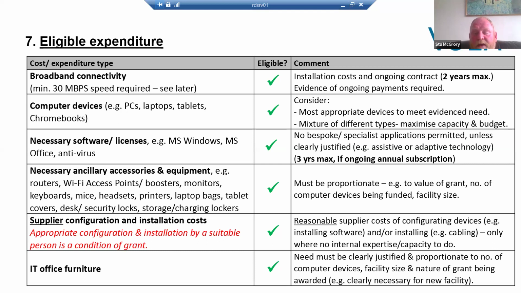And again, it needs to be justified and proportionate to the number of computers you're getting. Because if you apply to kit out an office, it often sticks out like a sore thumb. Obviously, if it's a new computer facility, you'll need those things. But if it's an existing one and you need it, just explain why in your application.